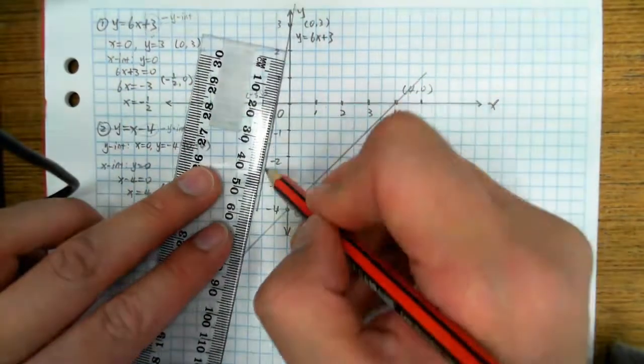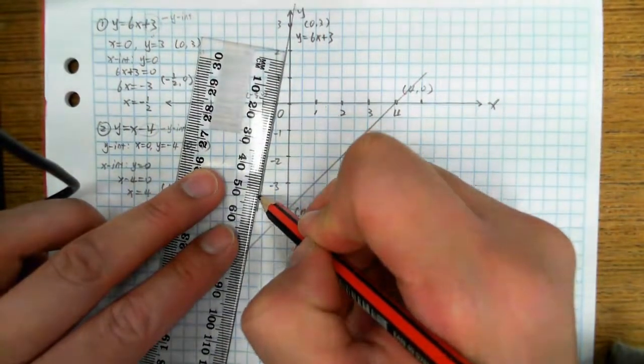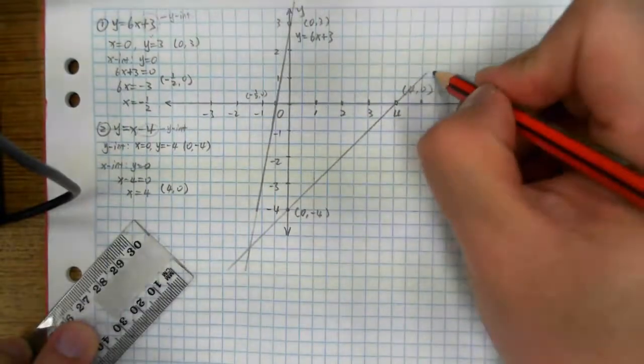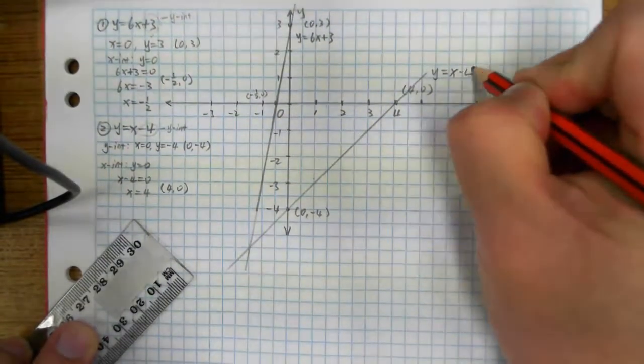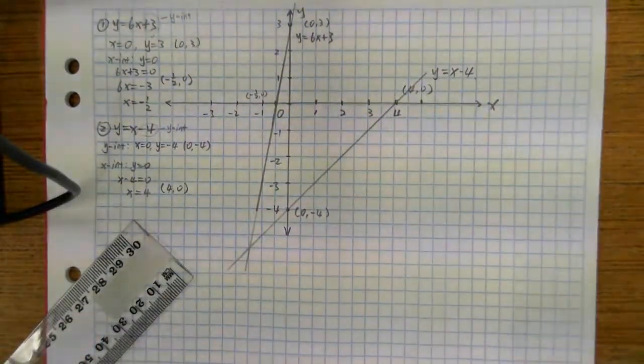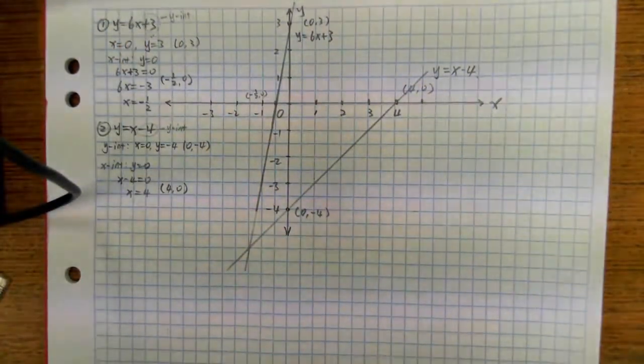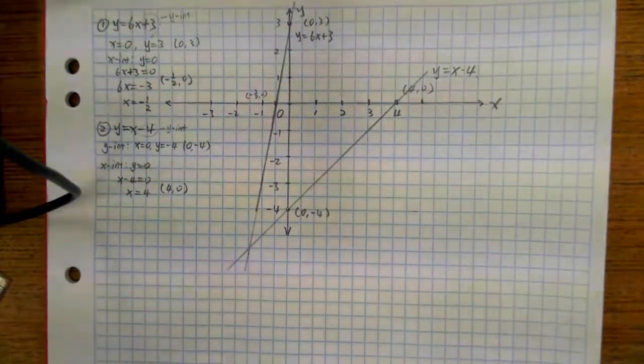Okay. So this line is y equals x take away 4. Now these are the 2 graphs when the coefficient of x is positive.